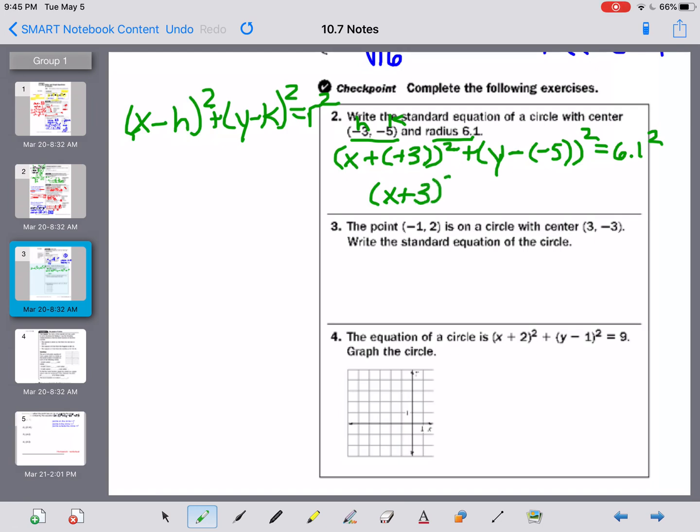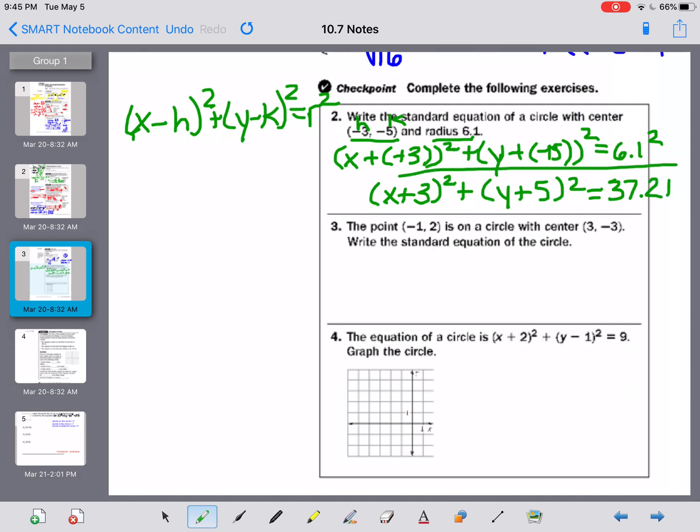Y minus 5, so (y - 5)². And 6.1 squared, another calculator problem, 6.1 times 6.1. Please don't do 6 times 6 and 1 times 1, that doesn't make it work. 6.1 times 6.1, and our calculator says about 37.21.